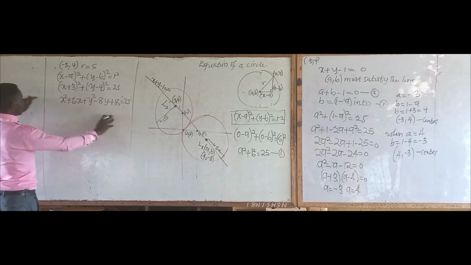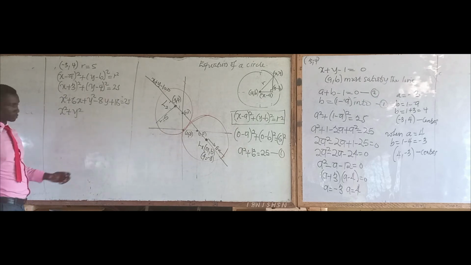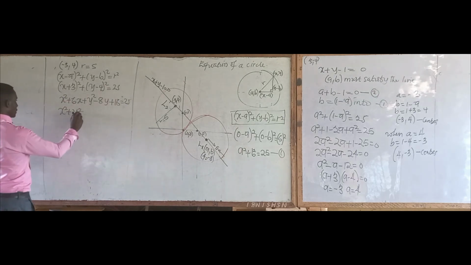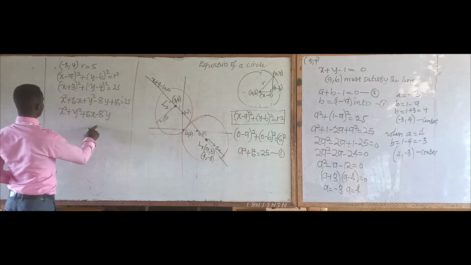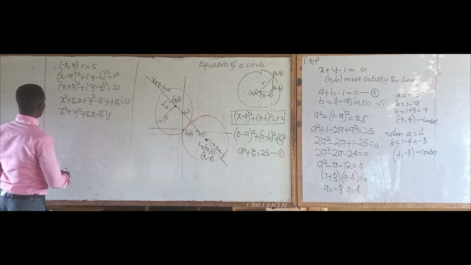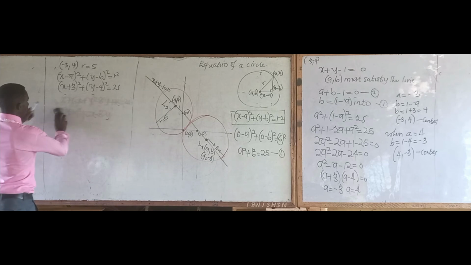Simplified properly, algebraically, grouping x squared plus y squared. There's a mistake here because I didn't write plus 9.